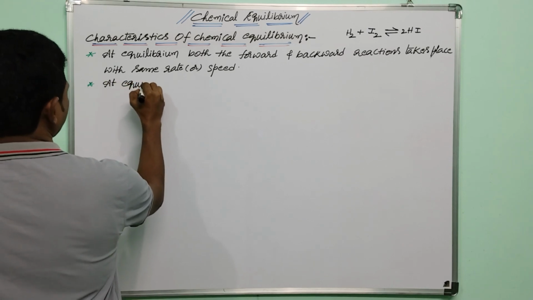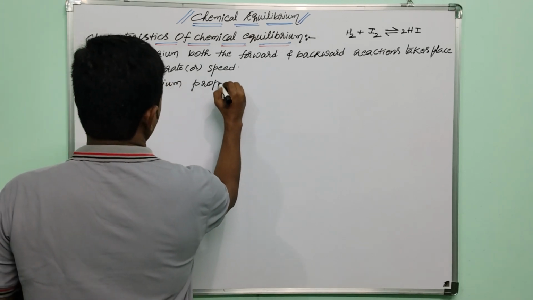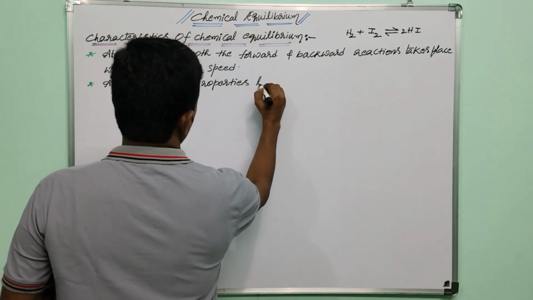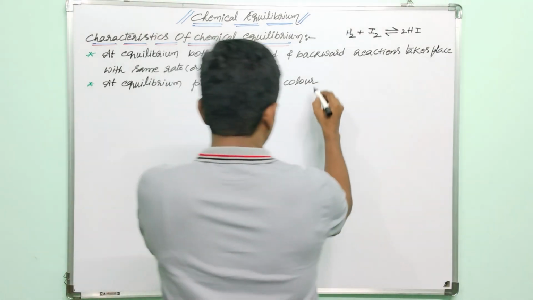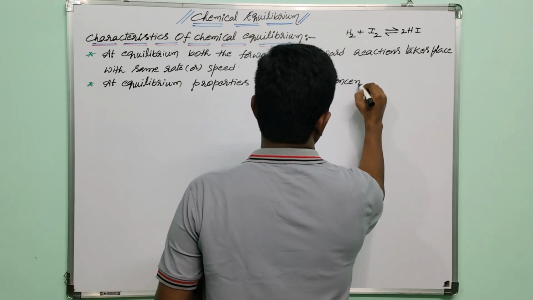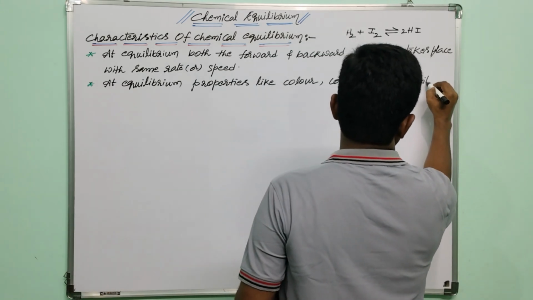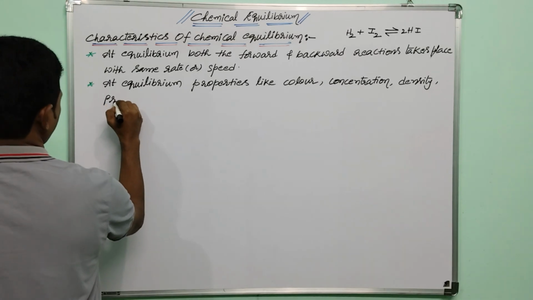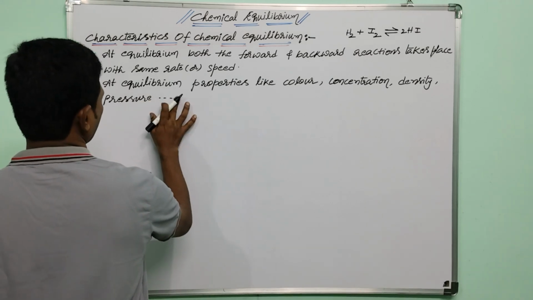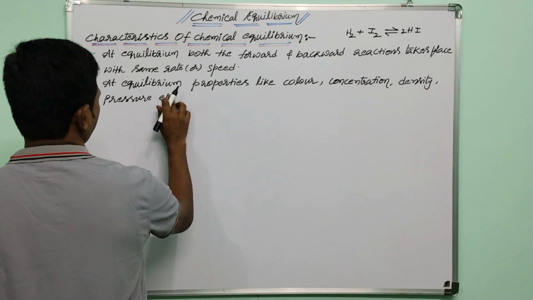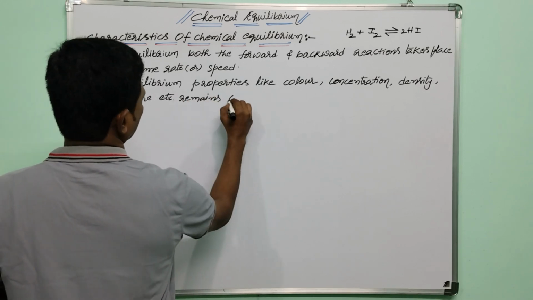At equilibrium, some properties like color of either reactant or product, concentration, density, pressure, volume, etc. remain constant.